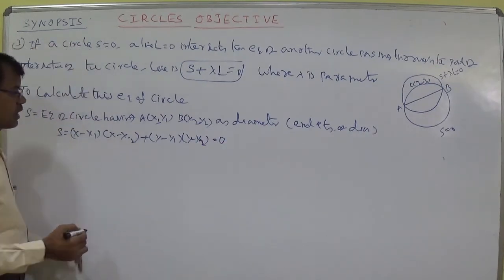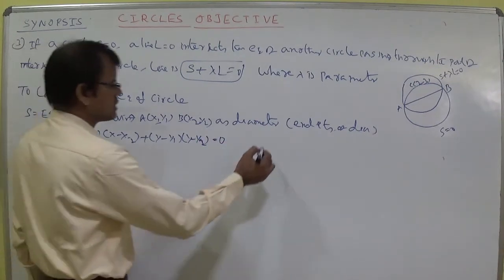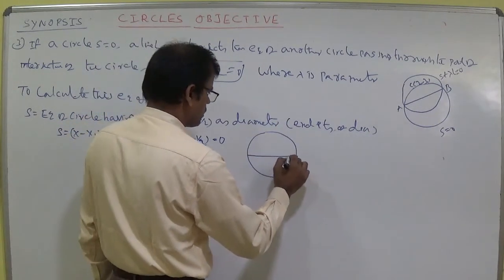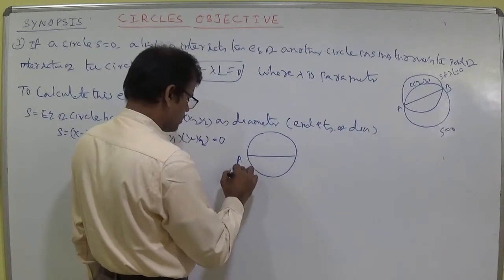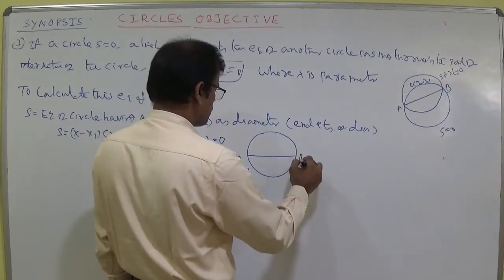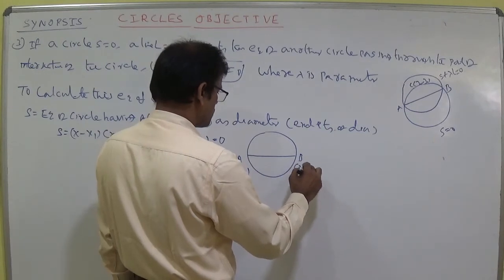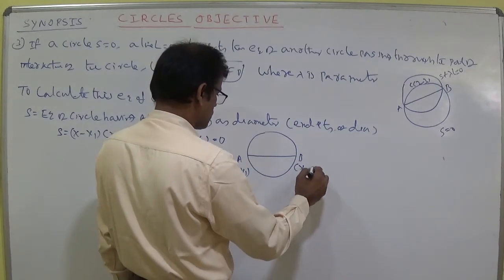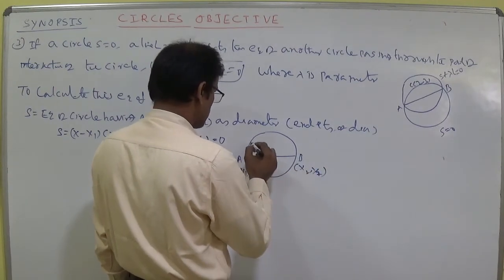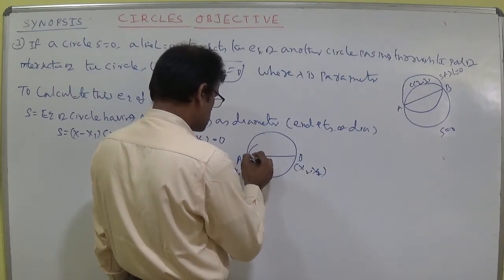Next one. What is L? Of course, L is the equation of line using the formula y minus y1 is equal to y2 minus y1 by x2 minus x1 into x minus x1. Here using this one.